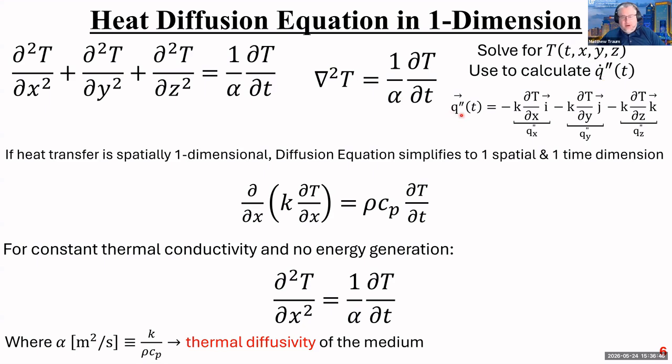So that's basically what I show here, that the heat flux is just the spatial derivative of temperature in x, in y, and in z. And each one of those terms, q double prime x, q double prime y, q double prime z, are all just heat fluxes, so heat transfer per unit area in the x direction, y direction, z direction.